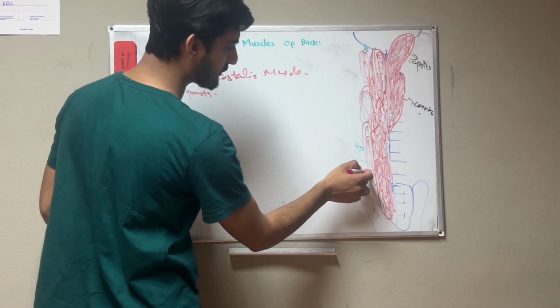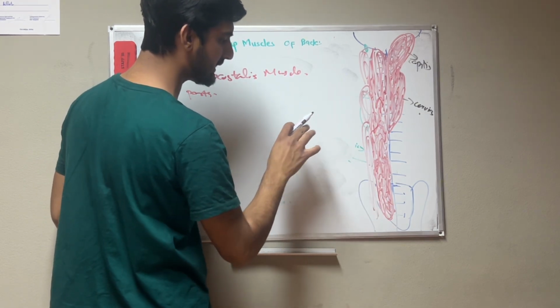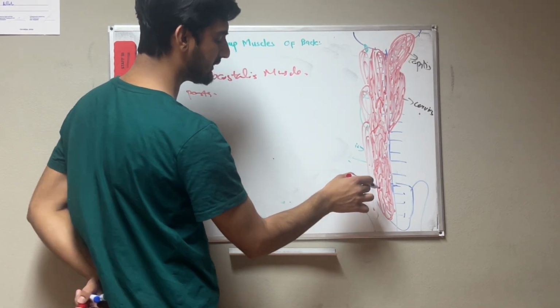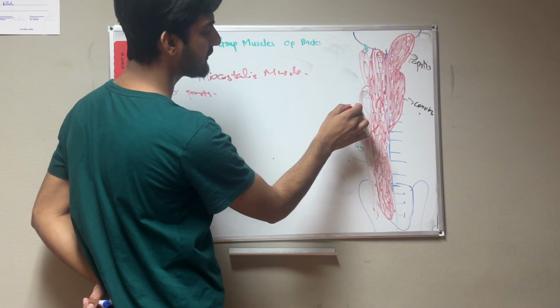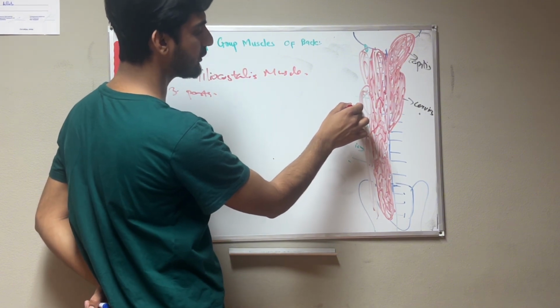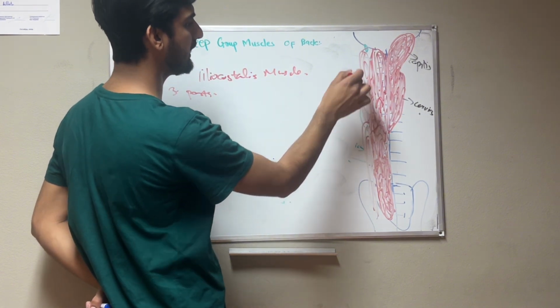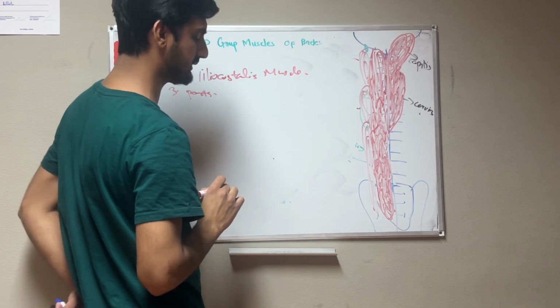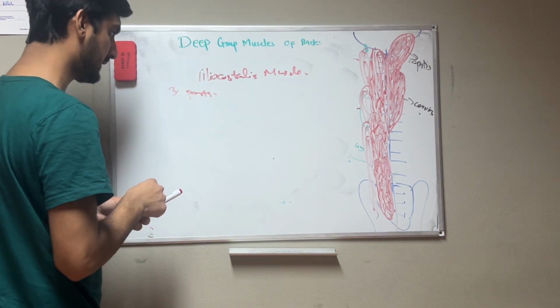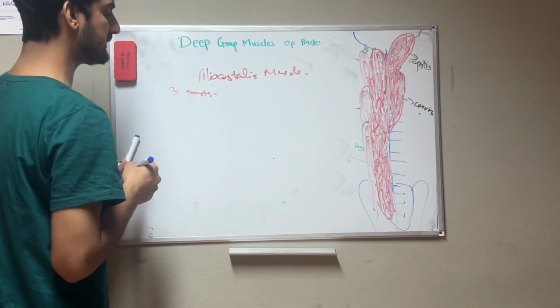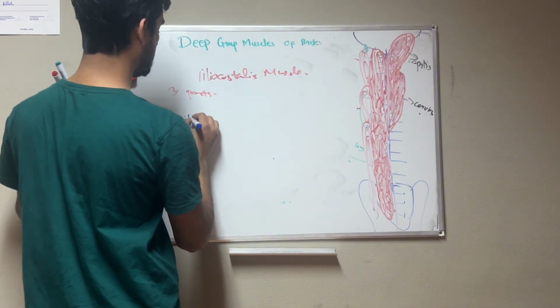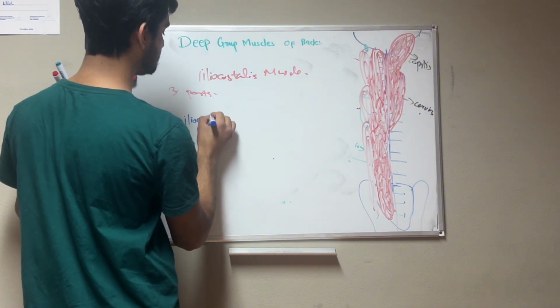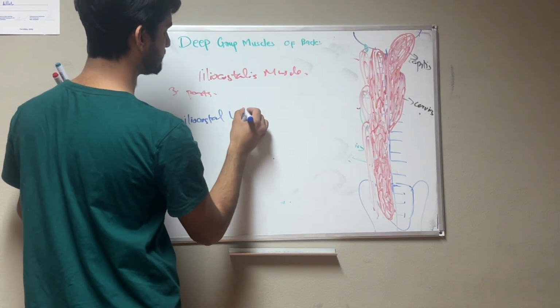Here we have iliocostalis lumborum muscle, because it is in the lumbar region and also in the sacrum region. Then we have the iliocostalis thoracicus part, and the iliocostalis cervicus region. First we will discuss iliocostalis lumborum.